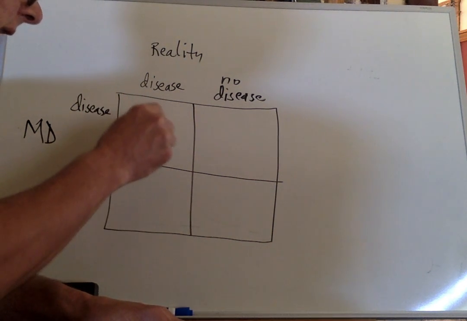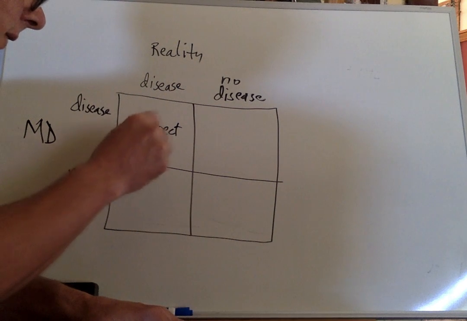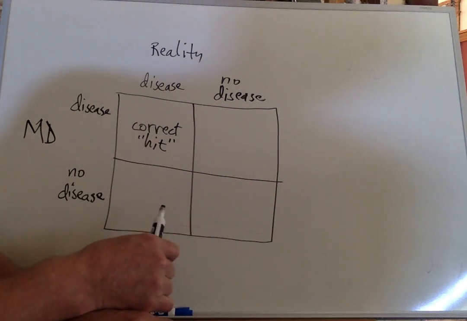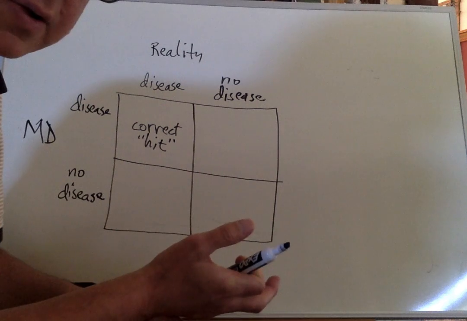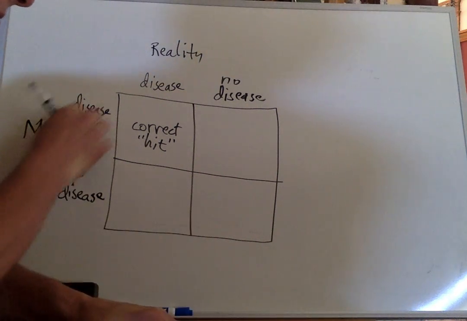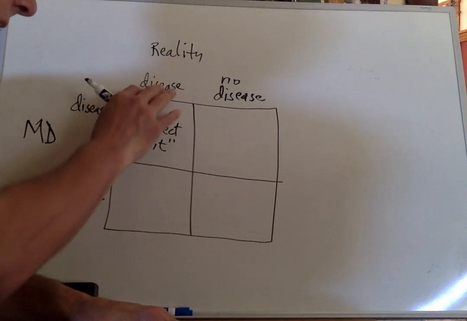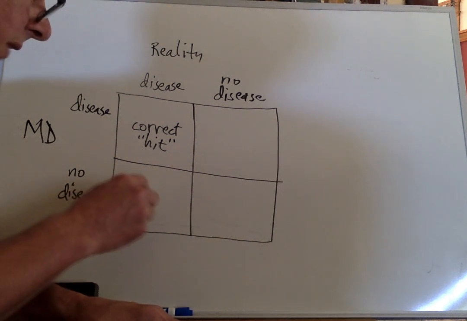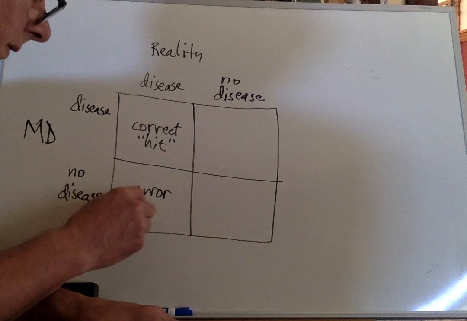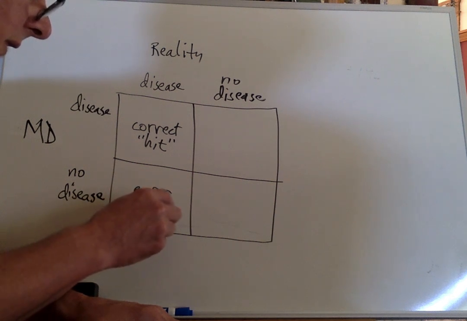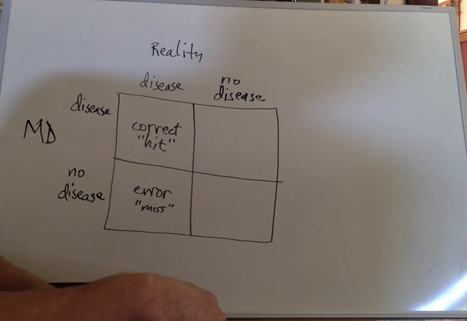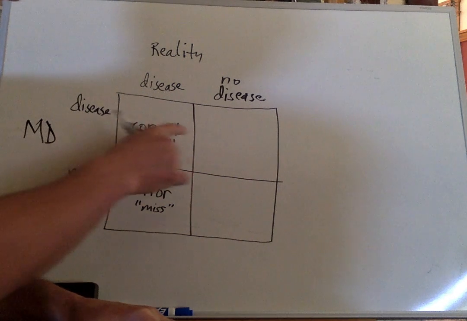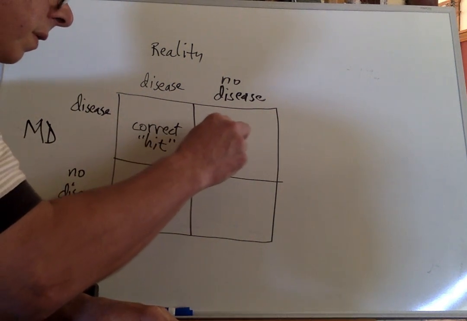So this is correct. This is a hit. But it's not a good hit. Nobody wants a disease, but in terms of matching the diagnosis with reality, it's correct. The doctor says you don't have the disease, but you really do. That certainly is a miss. The doctor says you have the disease, but you really don't.